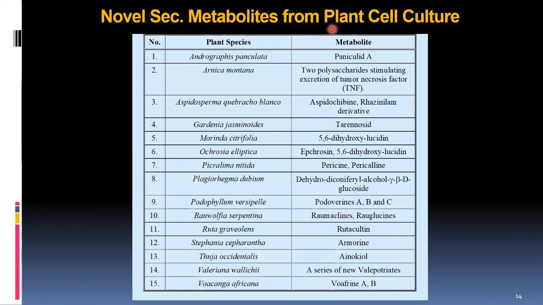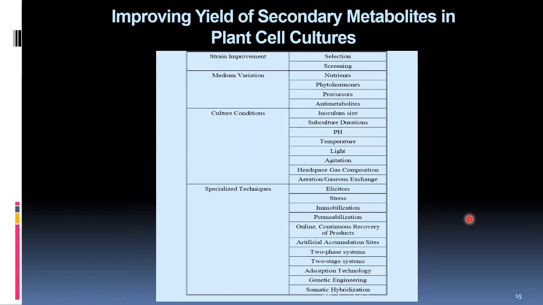Obviously these metabolites will have their own therapeutic activities which are completely novel from the intact plant. So this has been one of the most interesting aspects, the production of completely new secondary metabolites when you are working with in vitro cell cultures.